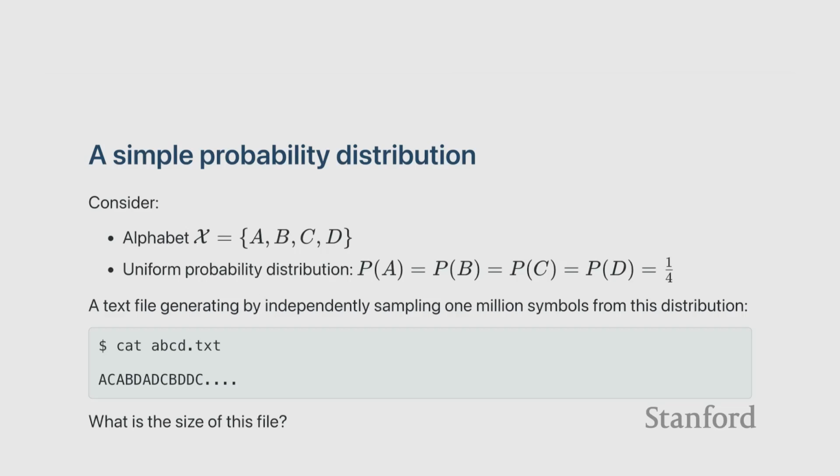So can somebody tell me what will be the size of this file on disk? It depends what you choose to represent the symbols as. In terms of bits, if you use 1 byte per symbol, then it'd be 8 million bits. But if you use 2 bits, because there's only 4 possibilities, that can make it 2 million bits.